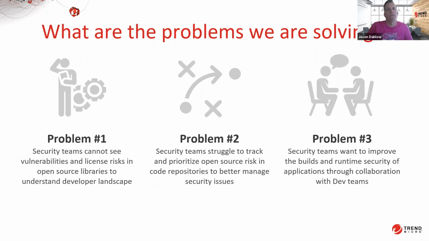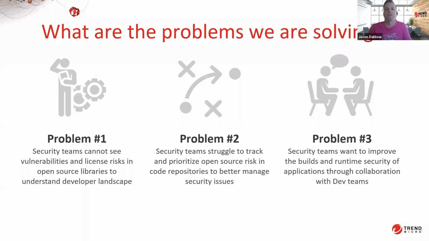And again, we're really focused here on three problems. Problem one, security teams cannot see vulnerabilities or license risks until they get a view into the developer landscape. Security teams struggle to track and prioritize open source risk because they don't have that visibility into code repositories, and it helps them prioritize those risks as well.